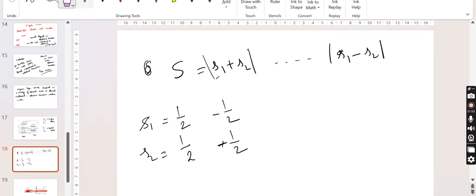Similarly, s1 plus s2, the maximum value it can have is 1. And the minimum, you can have minus half mod also, that will also give 1. So the minimum it can give you is 0.